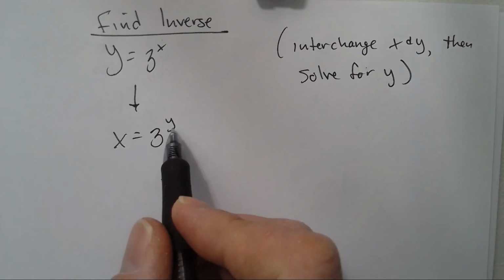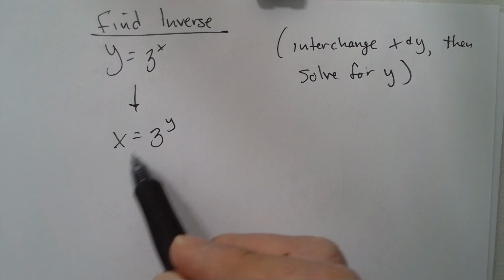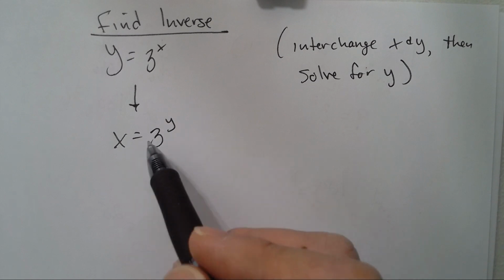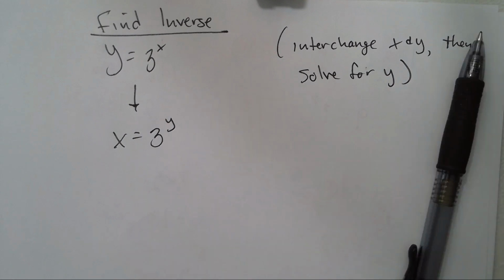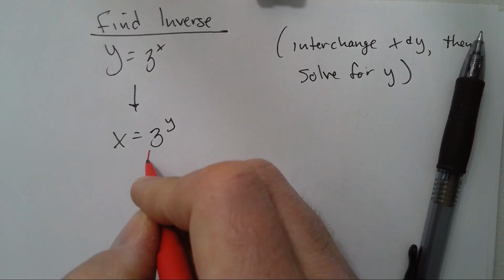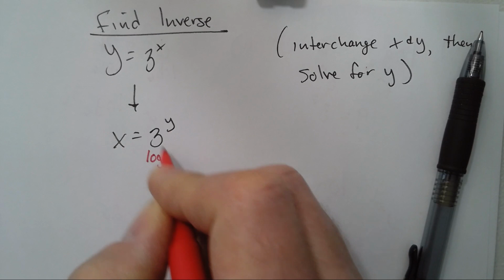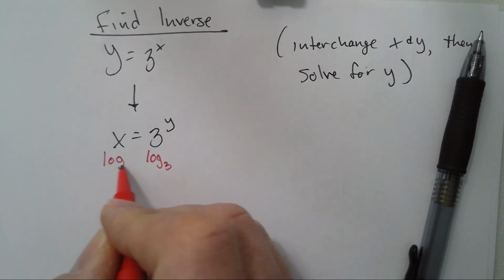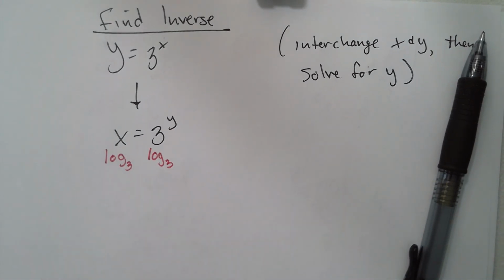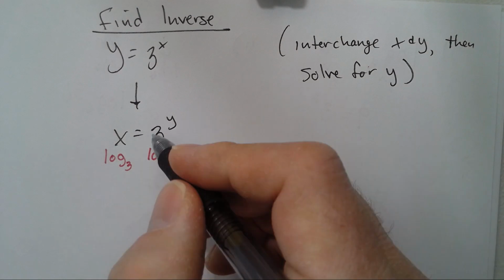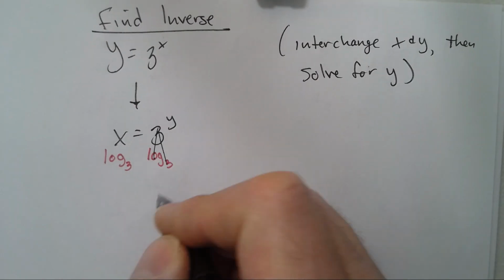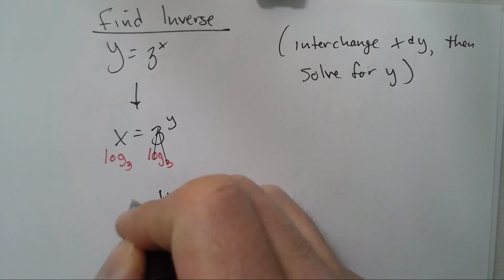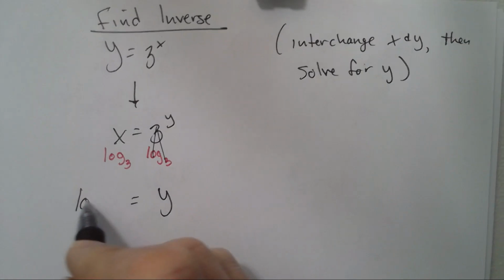How do I undo a 3 to the power? What's the inverse operation of 3 to the power? That would be a log base 3. That will get rid of a 3 to the power. So on the right, we will just be y equals log of x base 3.